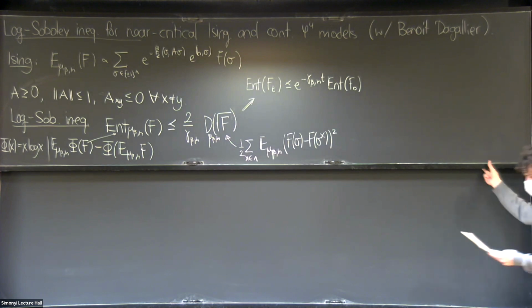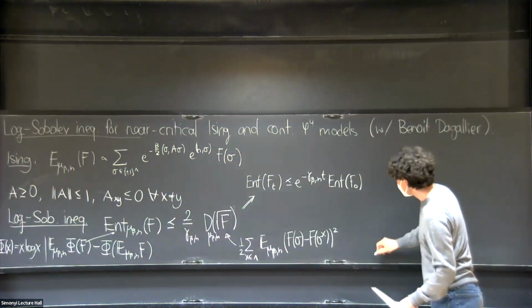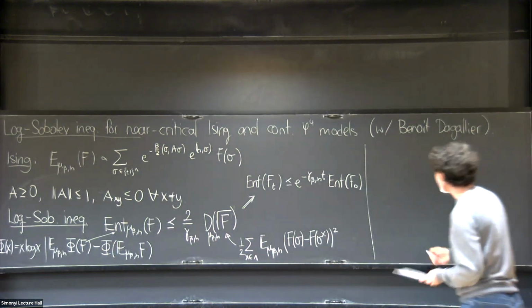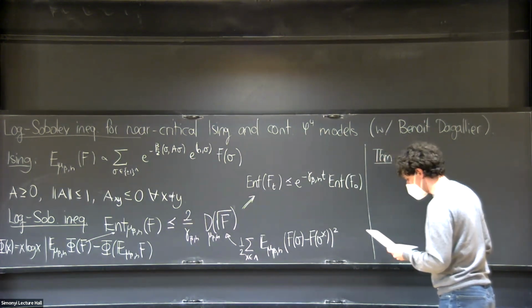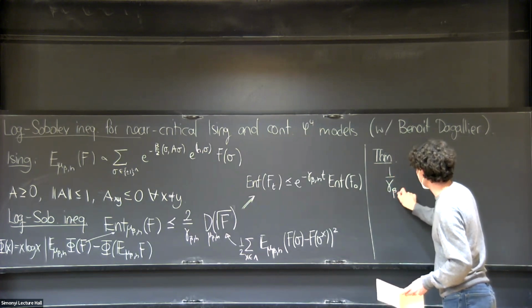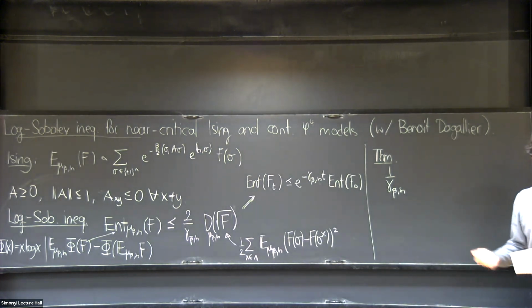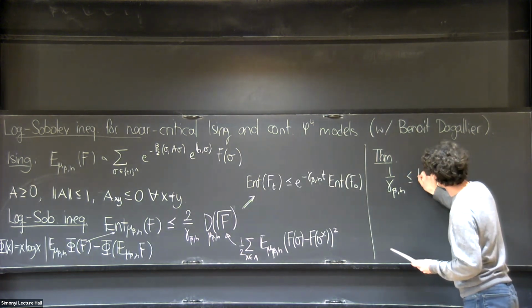So what we get is a surprisingly simple inequality. It's a lower bound on gamma, so an upper bound on 1 over gamma, the time to equilibrate.